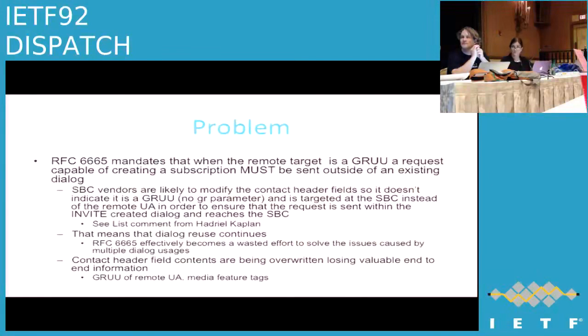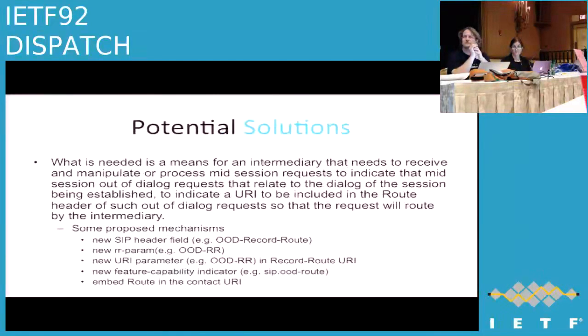So some potential solutions. Basically, in my view, what is needed is a means for an intermediary that needs to receive and manipulate or process mid-session requests to indicate that mid-session out-of-dialog requests that relate to the dialog of the session being established should include a URI in the route header of such out-of-dialog requests, a preloaded route basically, that will cause that request to be routed by the intermediary.